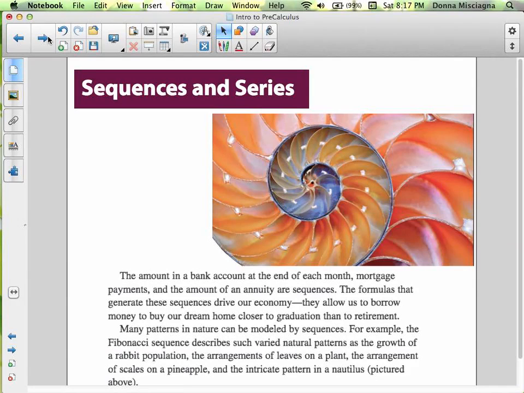For example, the Fibonacci sequence describes such varied natural patterns as the growth of a rabbit population, the arrangements of leaves on a plant, the arrangement of scales on a pineapple, and the intricate pattern in a nautilus pictured above. We'll learn about sequences and series in PreCalculus.